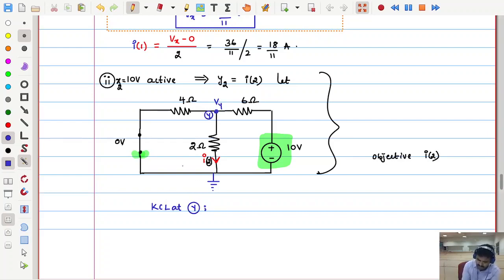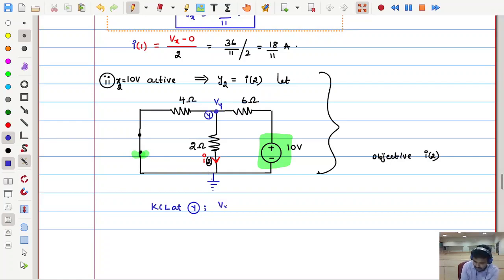Vy minus 0, where the other side of the 4 ohms is connected to ground. Why? Because we made this voltage source a short circuit.